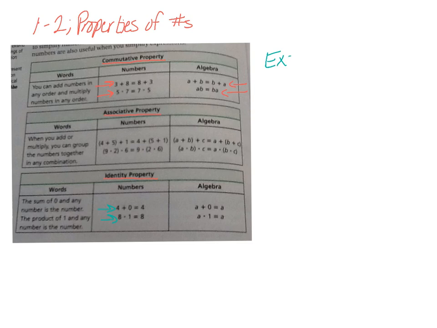So the first thing we're going to look at is example 1. And example 1 heading is identifying properties of addition and multiplication. So we have the following on example A. We have 2 plus 7 plus 8 equals 2 plus 7 in parentheses plus 8.